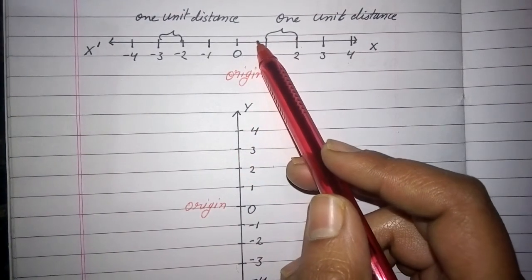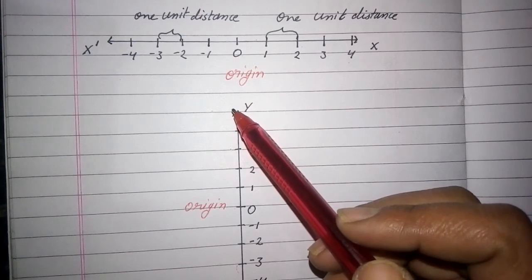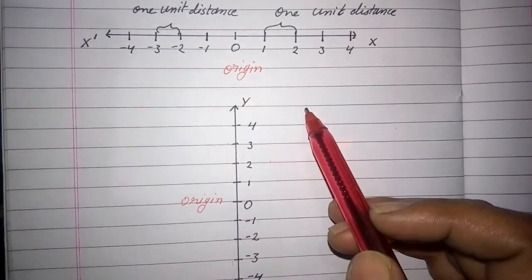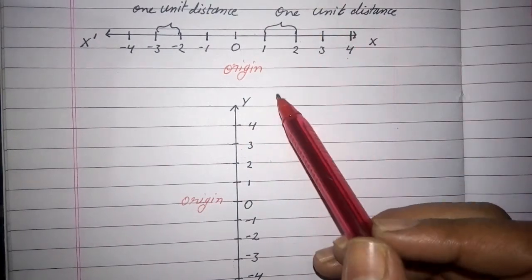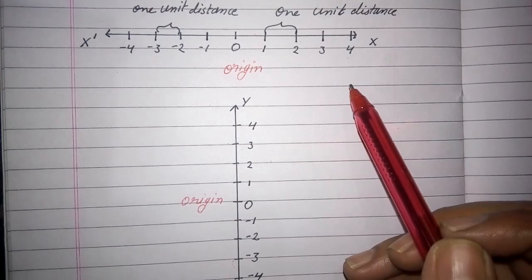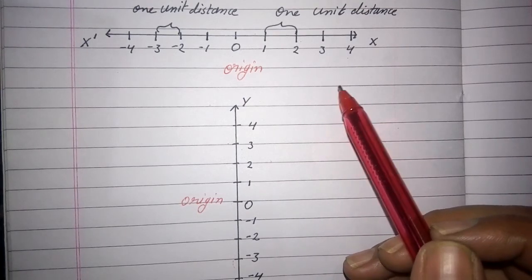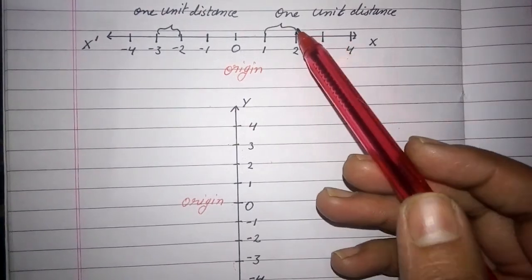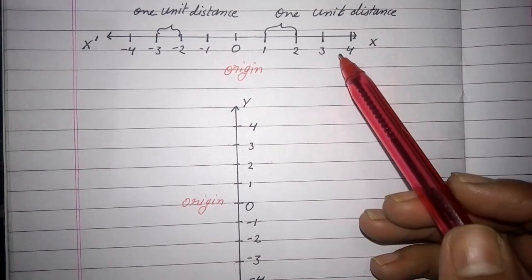Now when we combine the vertical and horizontal number lines, we get a Cartesian plane, or Cartesian coordinate system, or xy plane. Let's see how we get the Cartesian plane when we combine these two number lines.